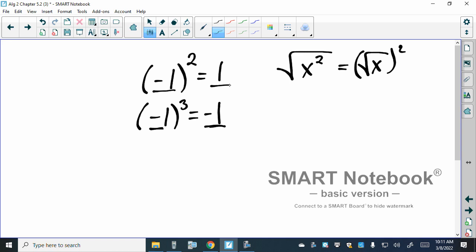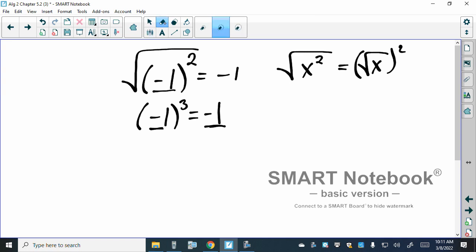Because if I took the square root of -1 squared, we'd end up with -1, yes? Now, if we took the square root of x squared, we get x, yes? But could x be positive or negative? Well, it could be either one, yes? Because we just are plugging in values.